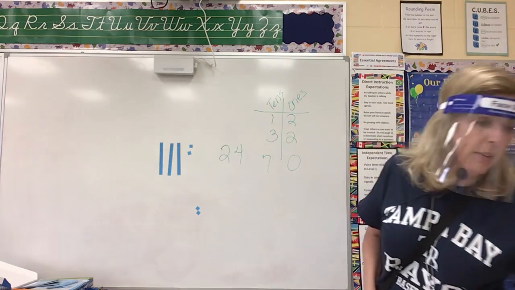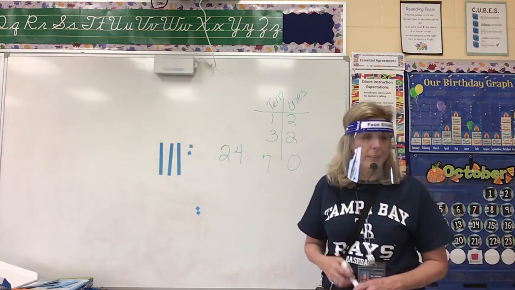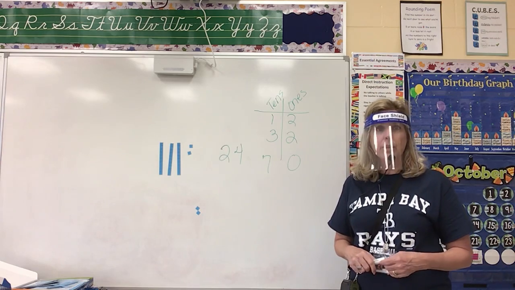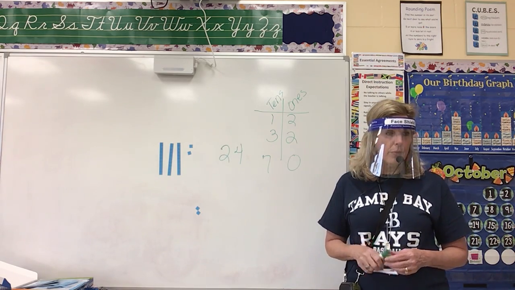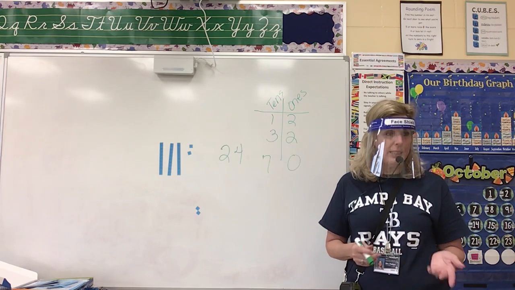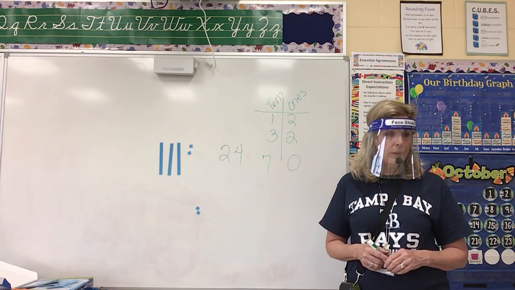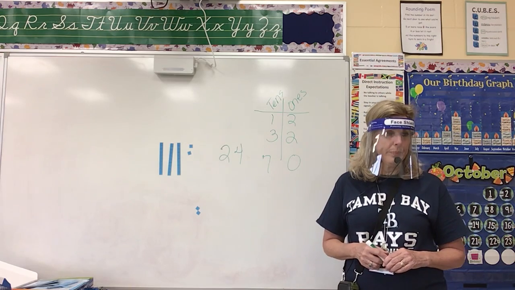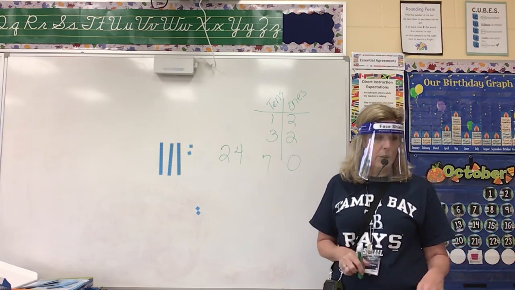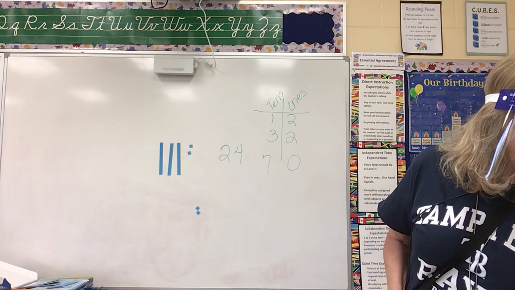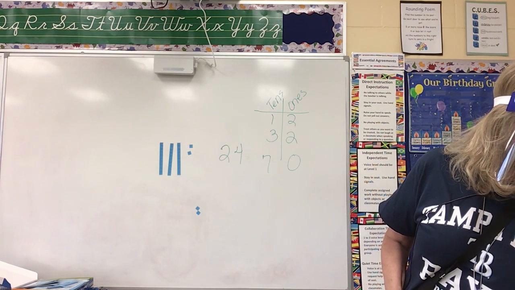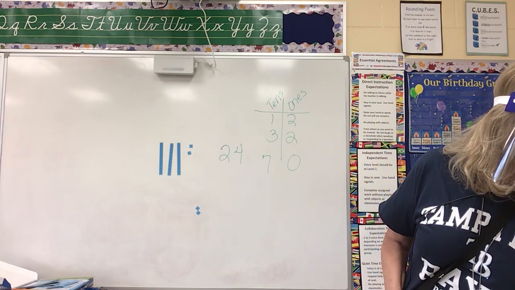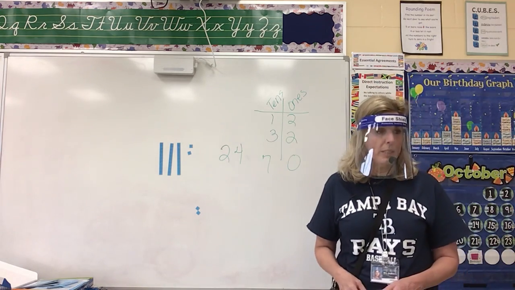Right here. Count how many these are right here. Okay, so 7 tens are how many? 70. So you counted 7 tens and how many ones did you count? 0. So that's why you put the 0 there, because there weren't any ones.